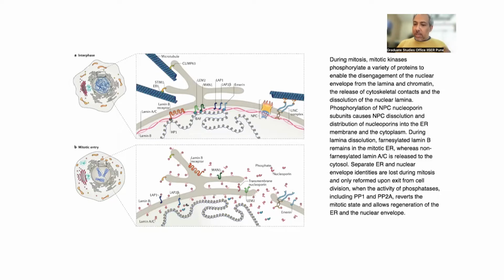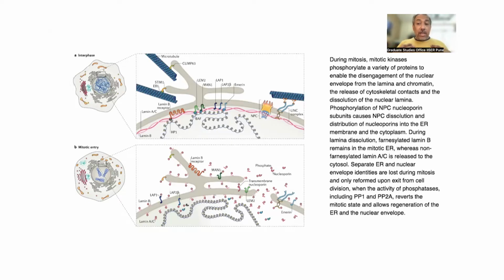So during mitosis, various mitotic kinases phosphorylate a variety of proteins to enable the disengagement of the nuclear envelope from the lamina. So the lamina that is lying underneath, which is holding this entire architecture, disengages from the nuclear envelope.